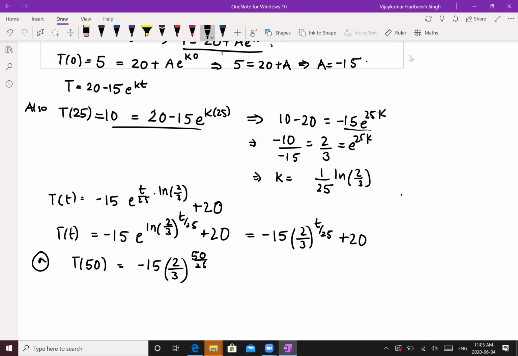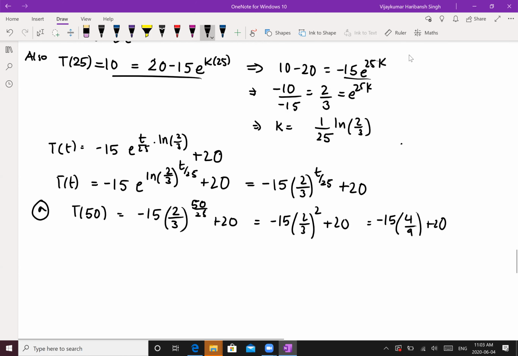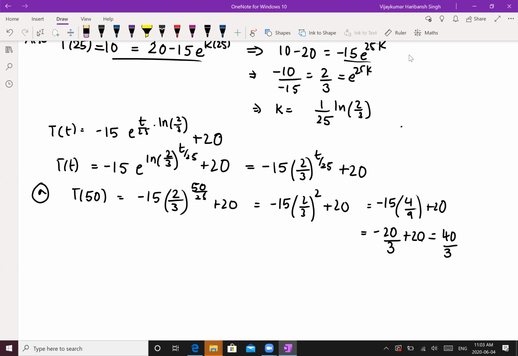So this is going to be minus 15 times 2 by 3 to the power 2 plus 20, which is going to be minus 15 times 4 by 9 plus 20, which is going to be, so 15 and 15, this cancels out, so you get minus 20 by 3 plus 20, which is going to be 60, so 40 divided by 3, which is roughly 13.3 degrees Celsius.